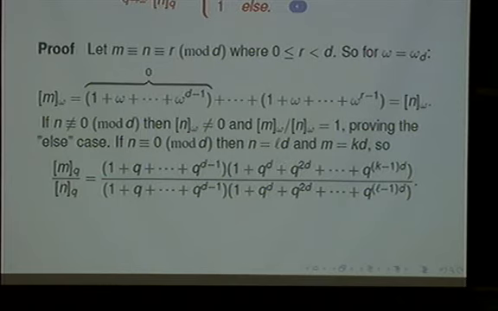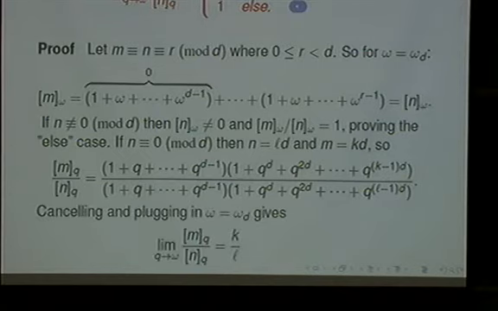K of them. Similarly, on the bottom, we'll have L. But remember, K and L are in the same ratio as M and N, just by a factor of d. So we're done. Everybody believe this? Good.